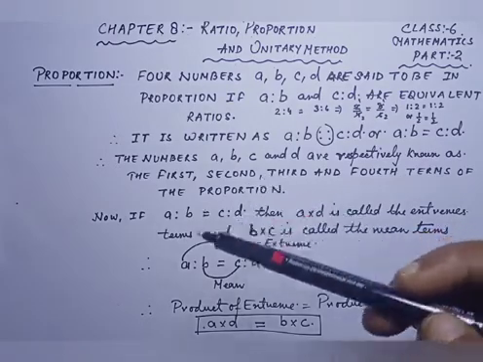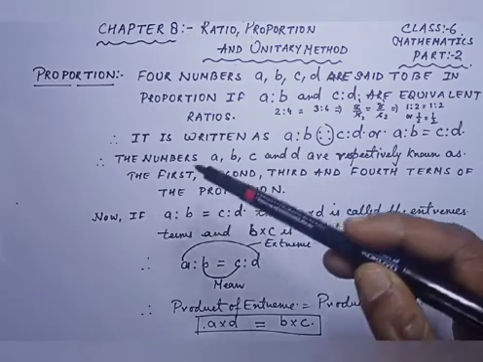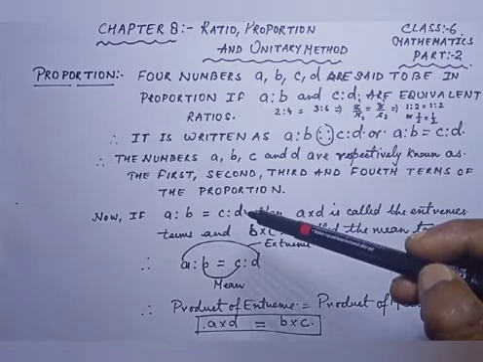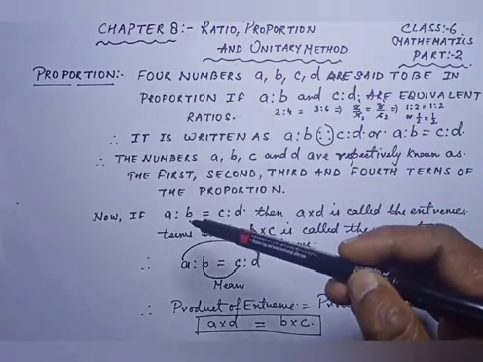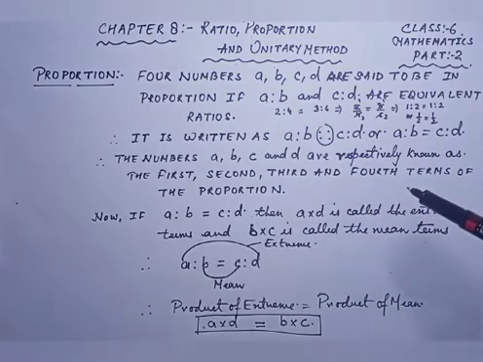Now, if A is to B is equal to C is to D, then the product of A into D is given a special name, that is extreme terms, and the product of B into C is also given a special name, that is mean terms.